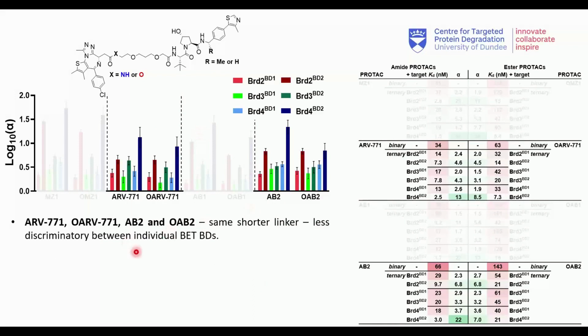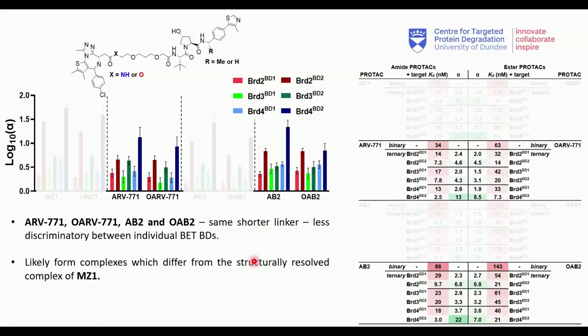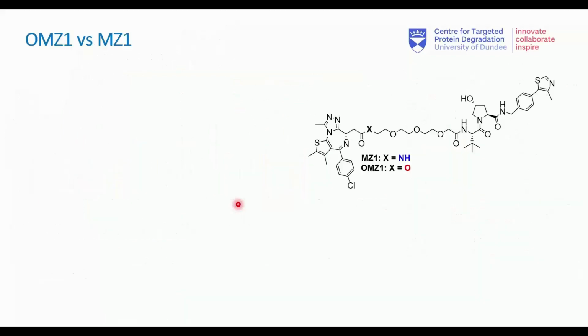Here with AB2, OAB2, and the ARV compounds, they are less discriminatory of the BET proteins, and they are likely forming different complexes to the ones with the longer linkers like AMZ1.